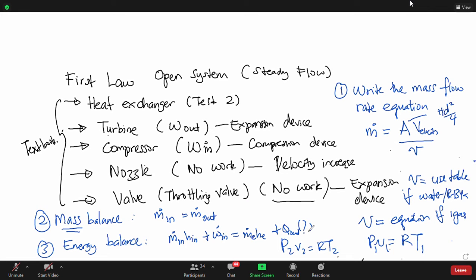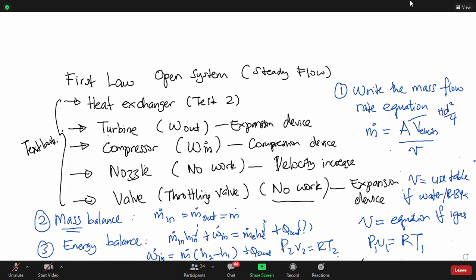Okay, so simple, right? So W dot in equals m dot times h2 minus h1, say this is 2, this is 1, plus q dot out.